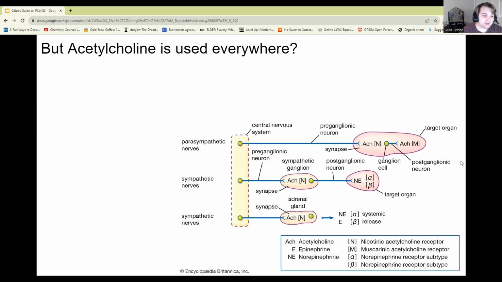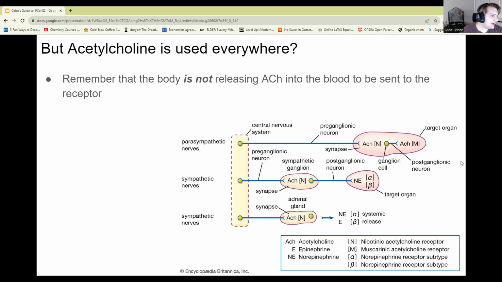So acetylcholine is used everywhere in the body, but what's important to know is that we're not just releasing acetylcholine to float around and activate these receptors.